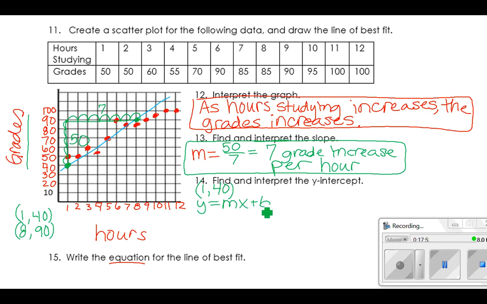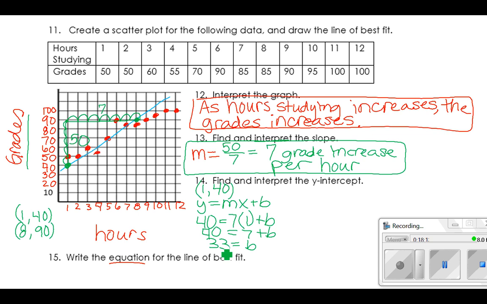The y is 40. The m is 7. X is 1 plus b. So 40 equals 7 plus b. And you would show the steps to subtract 7 from both sides. 40 minus 7 is 33.